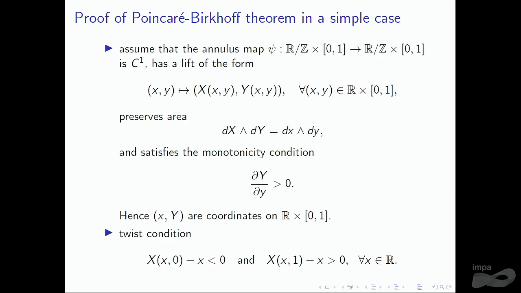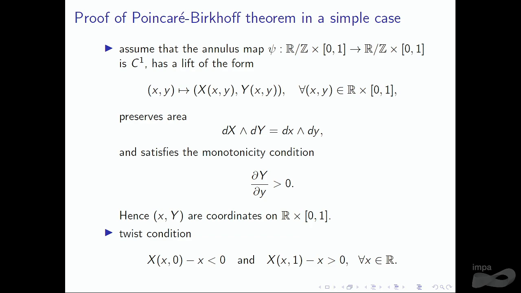So we have the annulus map. Let's take coordinates here, x and y. And let's take a lift of this annulus. And we assume that this lift we can express with functions capital X and capital Y here.